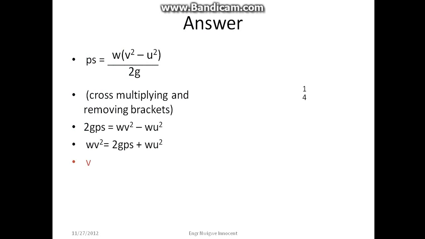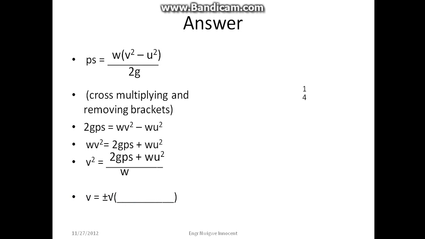Therefore, V squared, now making V squared the subject of the formula, it will now become 2gPS plus WU squared all over W, because W will cross multiply and become division. Therefore, taking the square to the other side will become the square root of the other side, from left side to the right hand side.